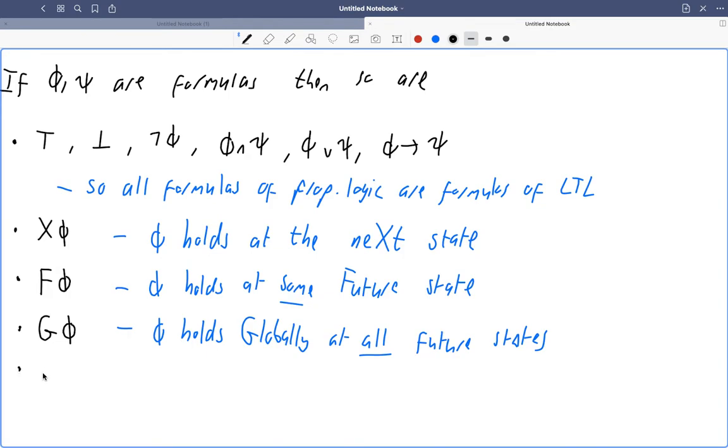And then we have the until operator, phi U psi. This says phi holds until, eventually, psi holds.